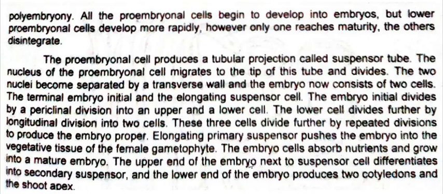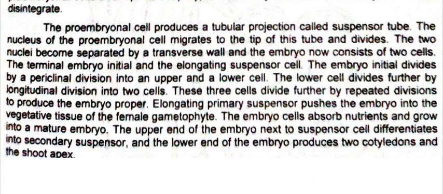The upper end of the embryo next to the suspensor cell differentiates and develops into a secondary suspensor, and the lower end of the embryo produces two cotyledons and the shoot apex.